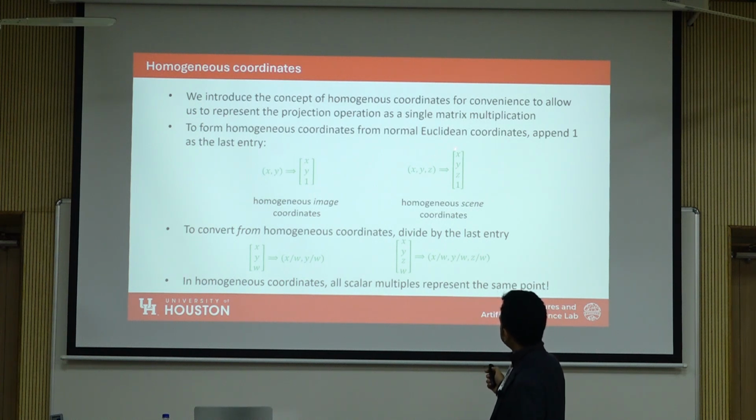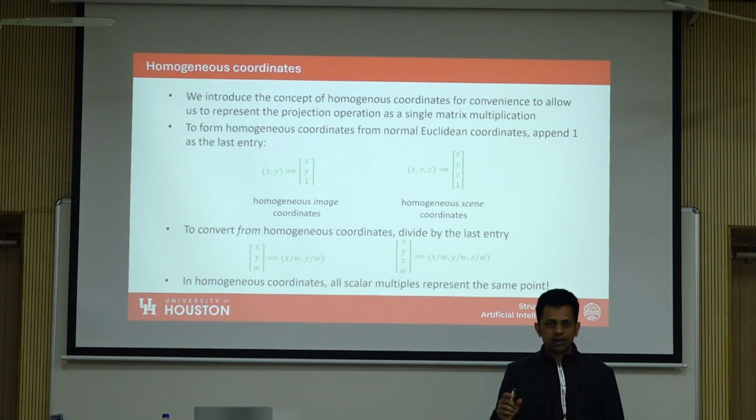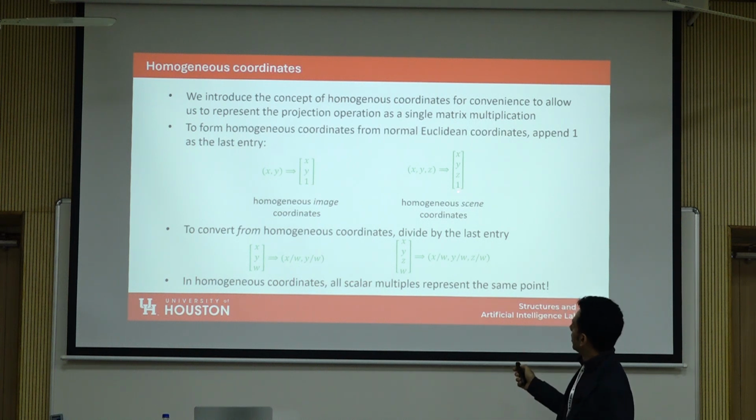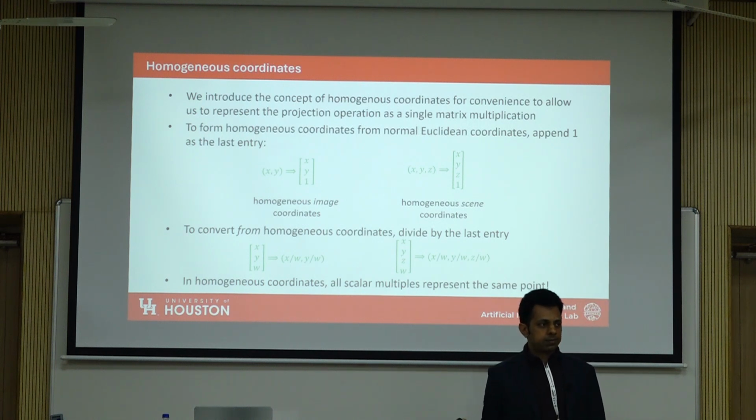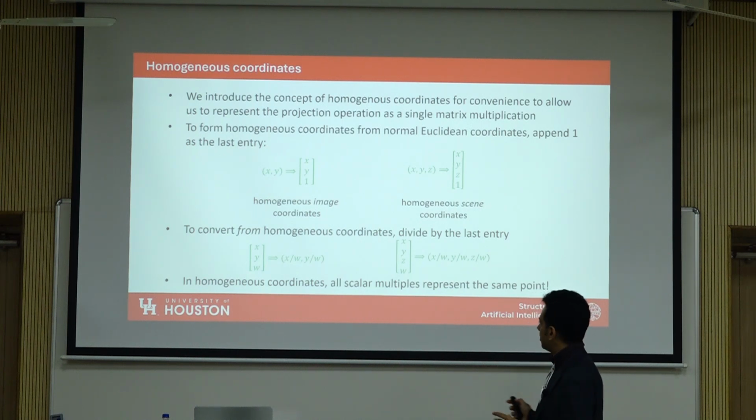Now I can apply the rotation matrix to xyz, and then my translation vector can be multiplied to the 1. Because multiplication happens, the addition just happens as part of the matrix multiplication, and so I simplify the representation.